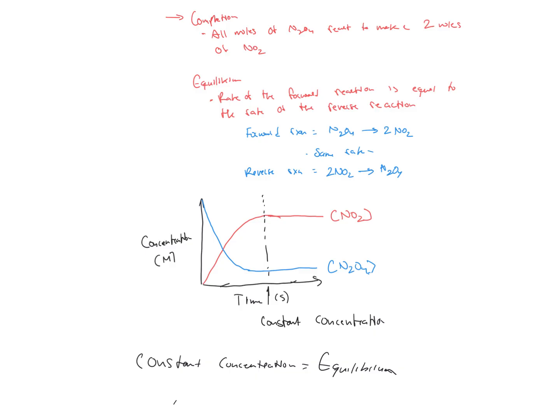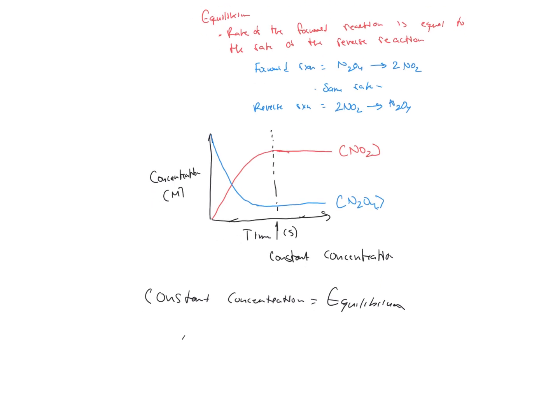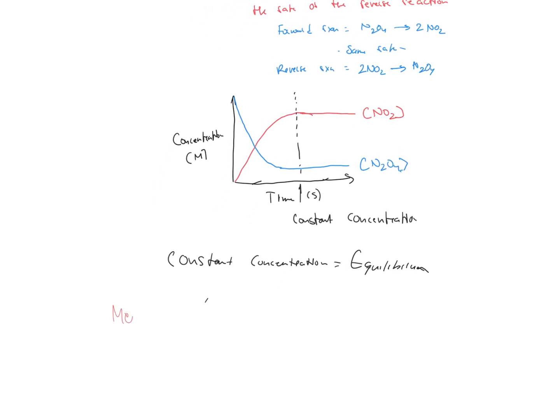You're also going to keep reacting N2O4 until the change in that concentration is also constant. Now what this means is the amounts of product and reactant are constant, not necessarily equal.